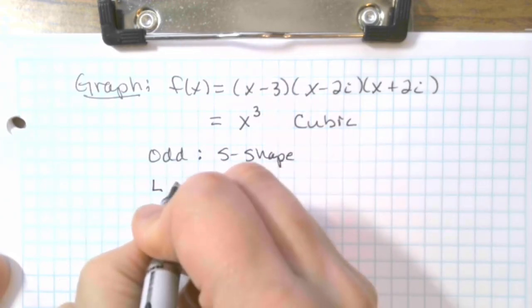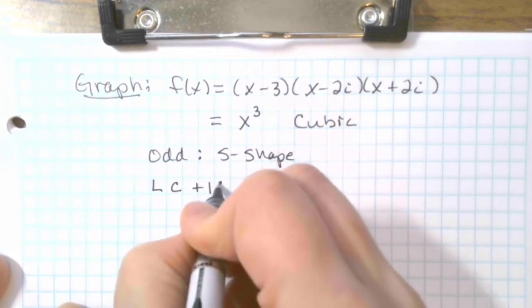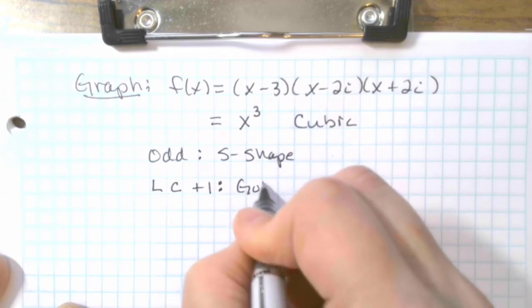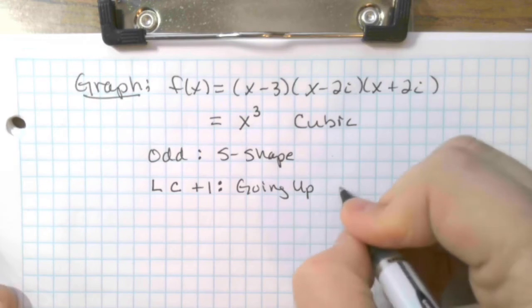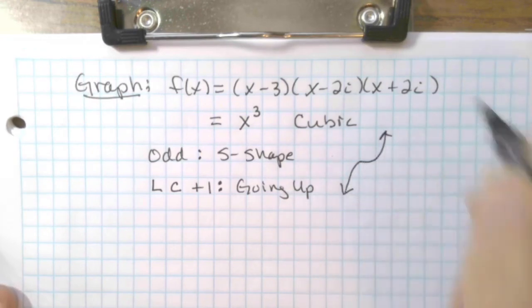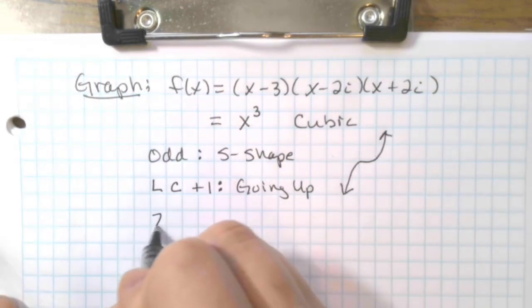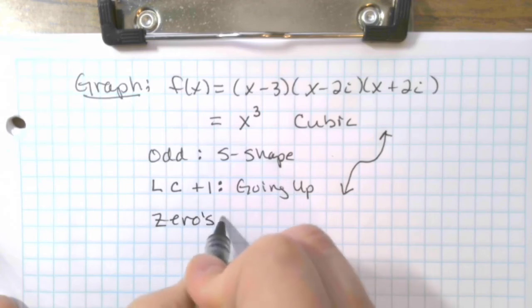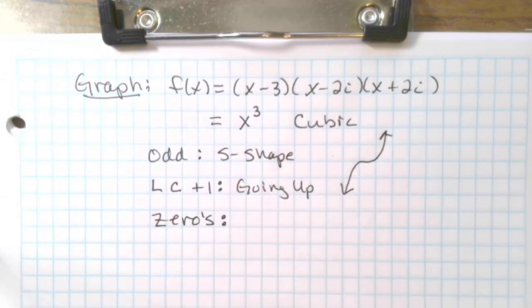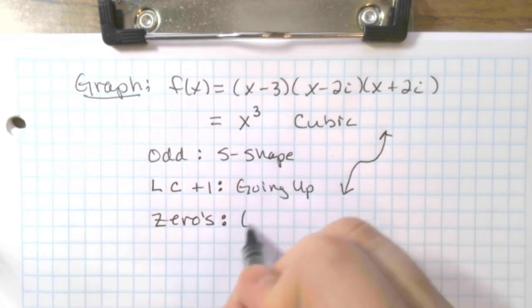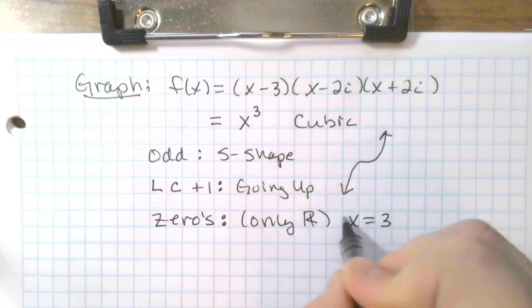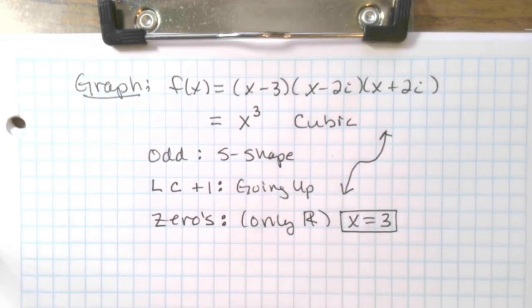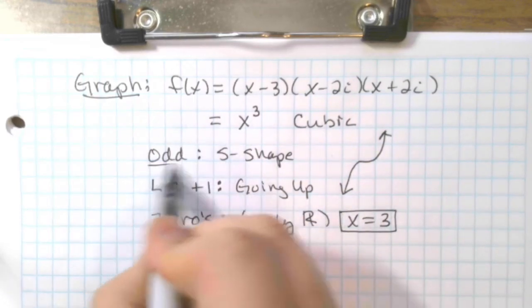The leading coefficient is a positive 1, so it's going up. Okay, so it's going to be an S shape going up, something like this. Now, here's where the zeros come in. Only real zeros show up on the graph. So x equals positive 3 is going to be the 0 or the x-intercept.